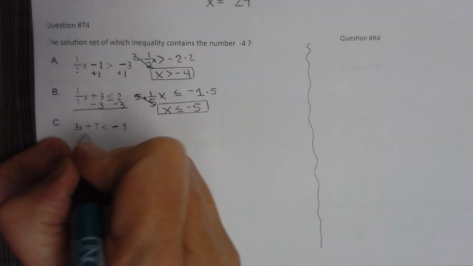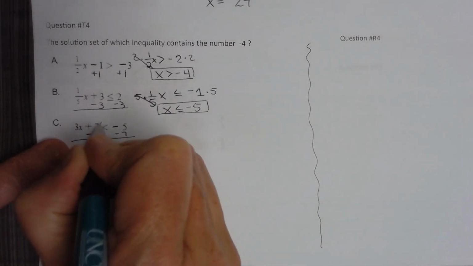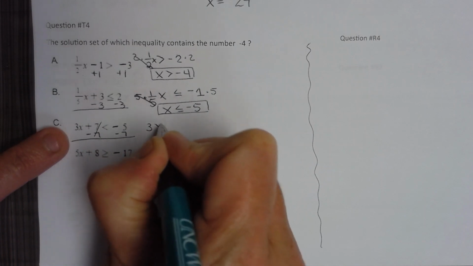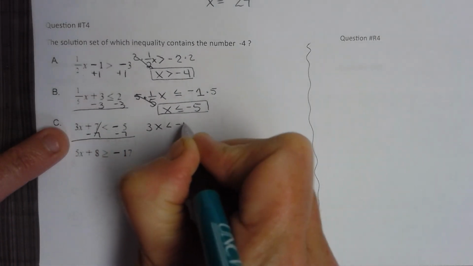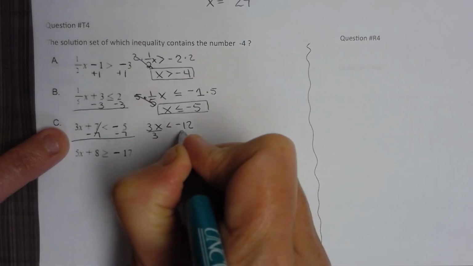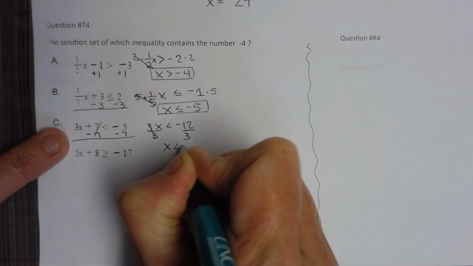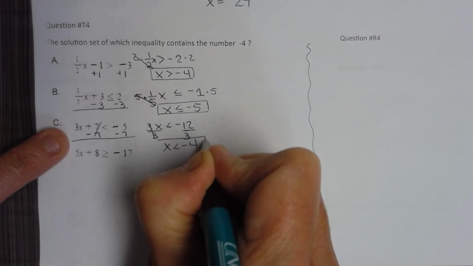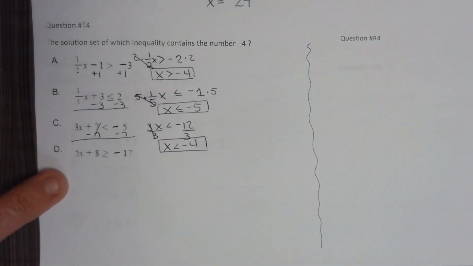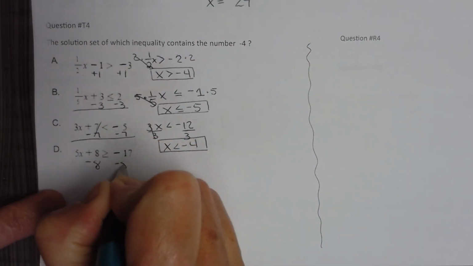Now we're going to subtract 7 on both sides for this one. So I have 3x is less than negative 12. I'm going to divide both sides by 3. And I get x is less than negative 4. And we're going to do our last one here. We're going to subtract 8 on both sides.